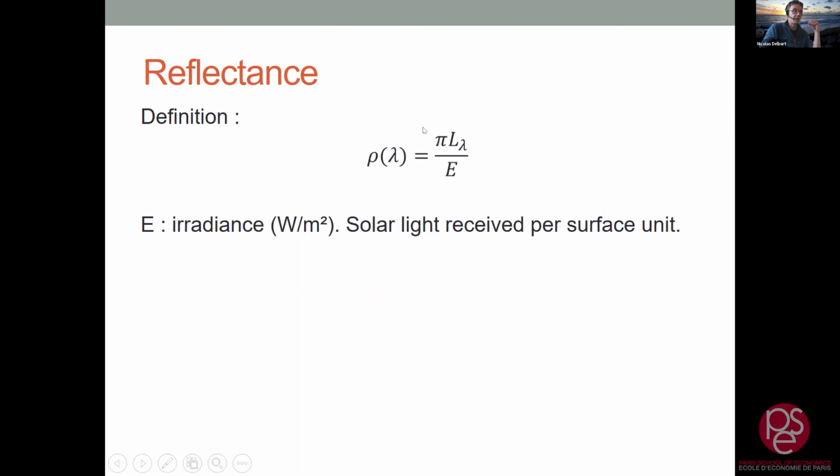And in order to do that, the definition is here. We take the spectral radiance and we divide by what is called the irradiance, which is the quantity of light expressed as watt per square meter received per surface unit. So the light that comes from the sun.